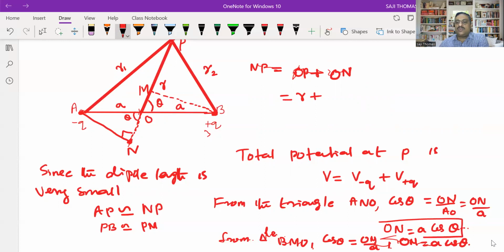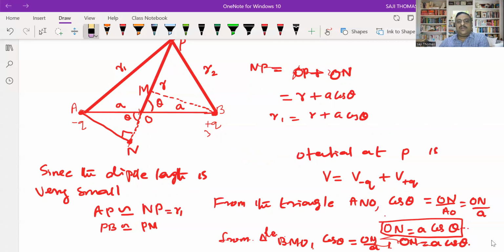ON is A cos theta. So this NP is nearly equal to AP that you take as R1. So we can write R1 equals R plus A cos theta. So we found out R1 in terms of R and A, dipole length A.